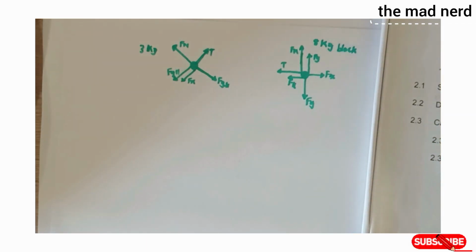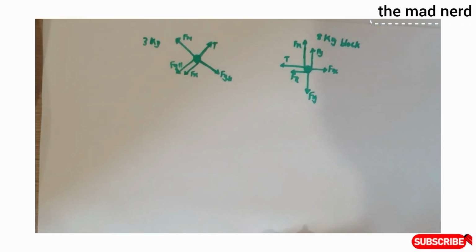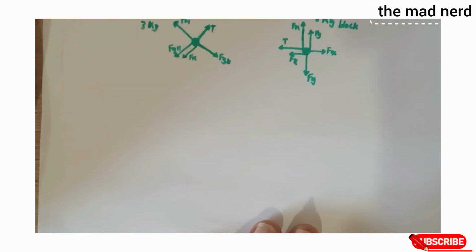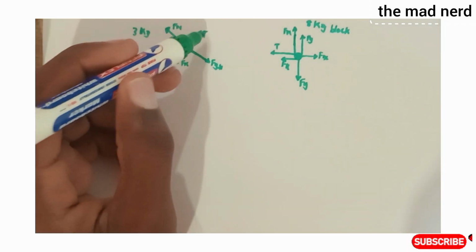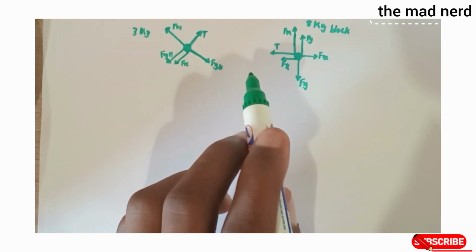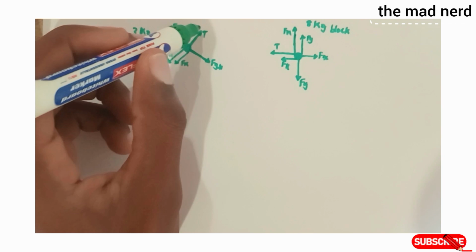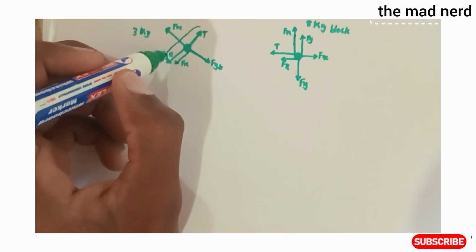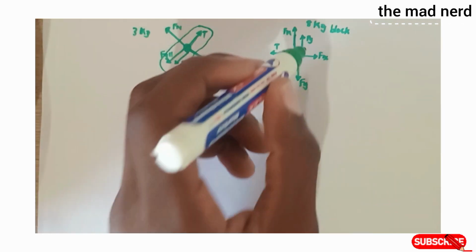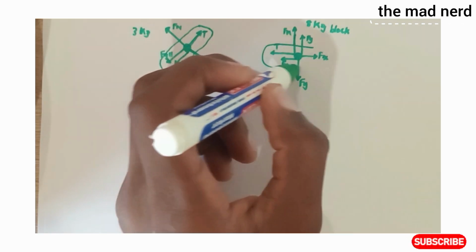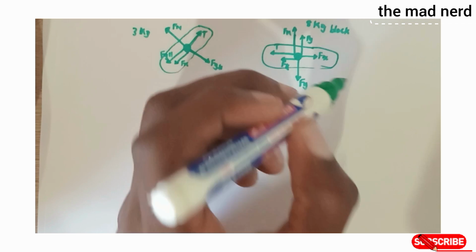So now for us to get this tension correctly, if we take a look over here, we have a tension that goes this side, and a tension that goes that side. It means this one will be our F net, and also in this 8 kg block, this one will be our F net.